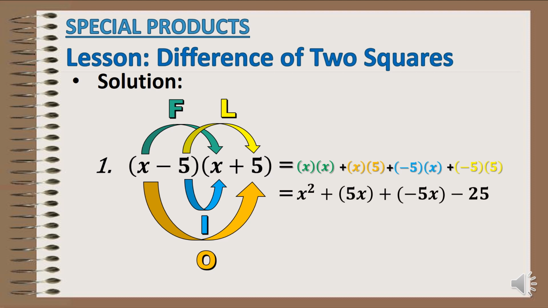Then we simplify. So we have x squared plus 5x plus negative 5x minus 25, resulting to x squared plus 0x minus 25. Notice that our linear term, 0x, the numerical coefficient is equal to 0, which means it has no value. Our final answer now becomes x squared minus 25.